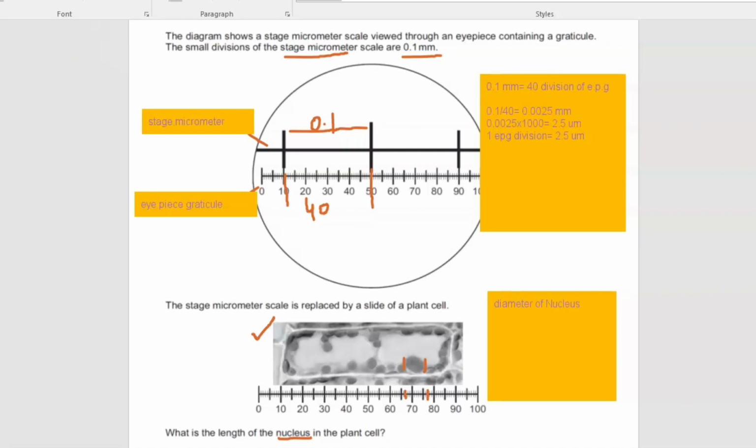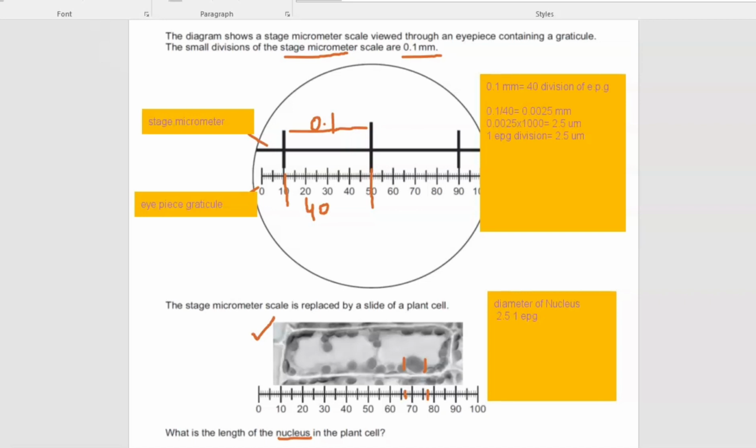From the calibration calculations, we know that one eyepiece graticule is 2.5 micrometer, one EPG. And now we have 10 EPG here.